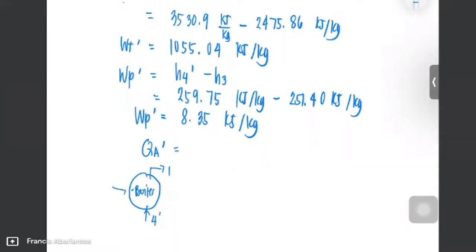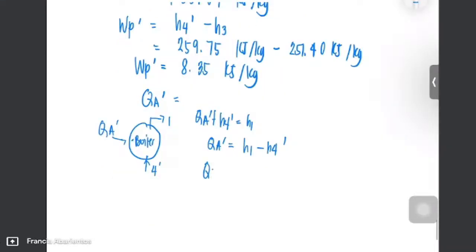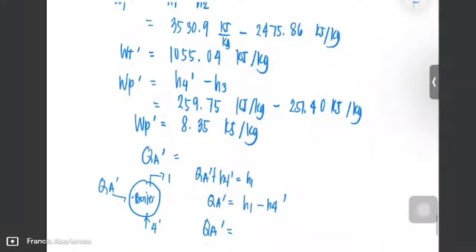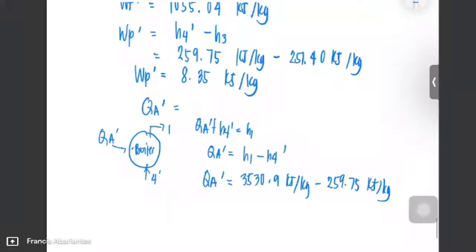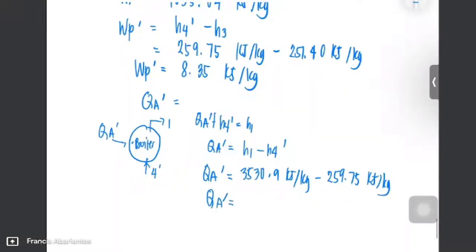Heat added. H1 actual. H1 minus H4 prime. So the heat added now, H1 natin is 3530.9. H4 prime natin is 259. What is now the actual heat added in the boiler?